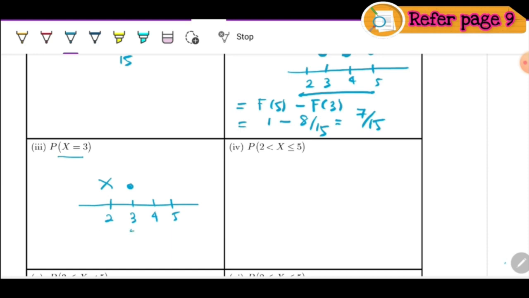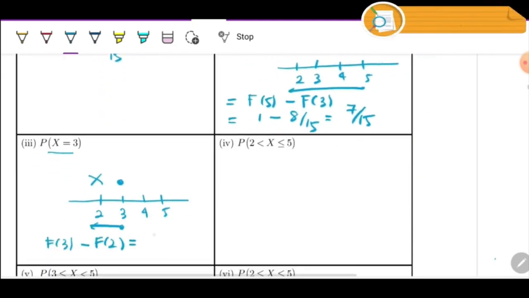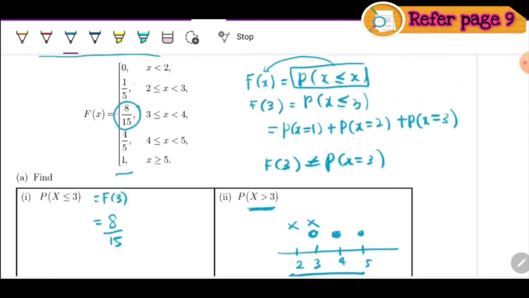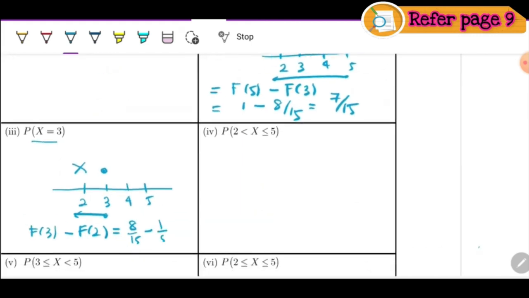So we start from F of 3, minus x less than or equal to 2, which is F of 2. So F of 3 is equal to 8 over 15, and F of 2 is equal to 1 over 5. And the answer is 1 over 3.